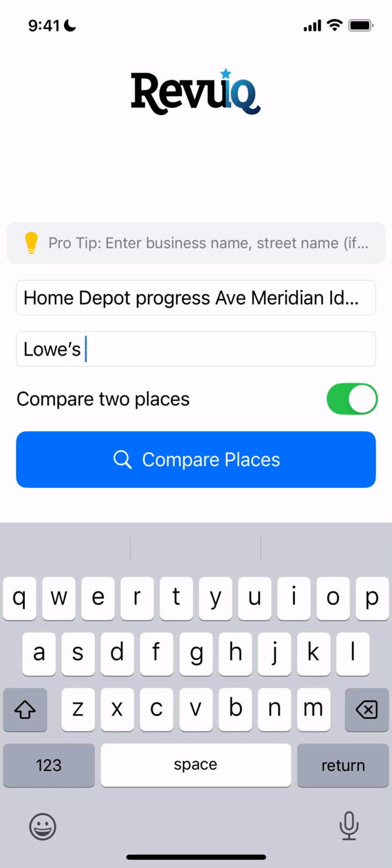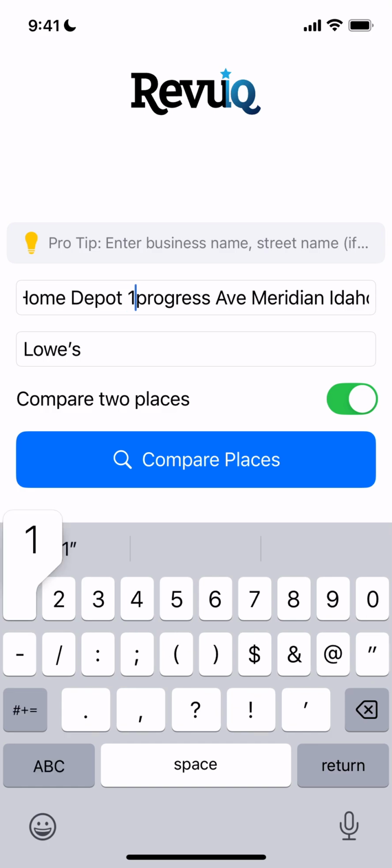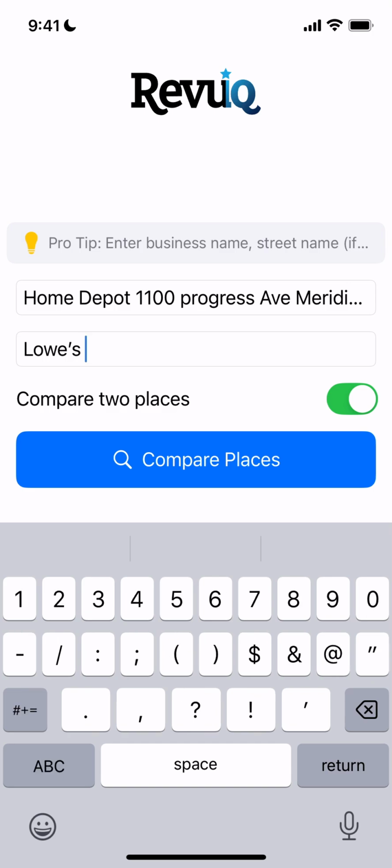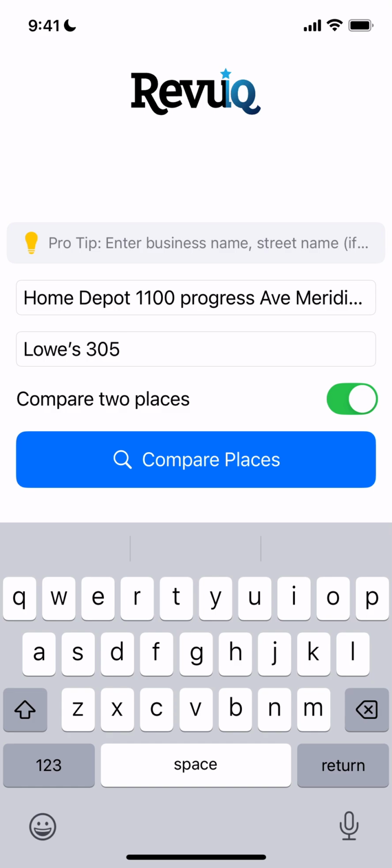And the second one is, so again, back to the details, I'm going to add the address number just so that we get the right locations.